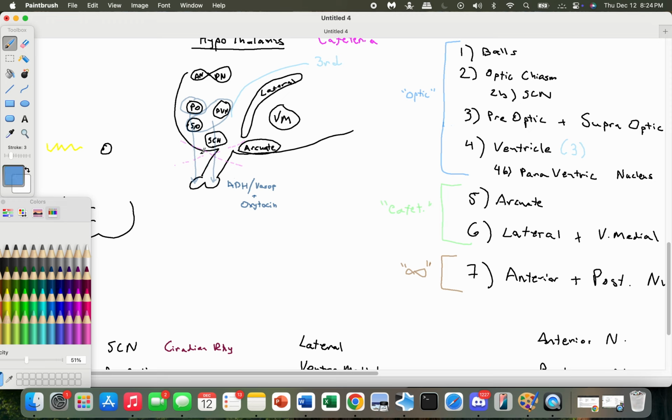So that means this guy's function is involved in thermoregulation, sexual behavior, and hormone GnRH, because in the anterior pituitary you would get like heat sensing and sexual function.